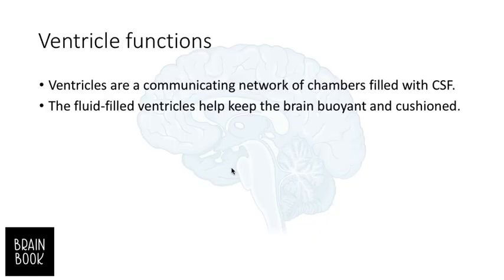Also, the ventricle functions are different. The first one is producing cerebrospinal fluid, and when the CSF is produced, it results in a communicating network of chambers filled with this fluid, and also these fluid-filled ventricles help our brain to be buoyant and cushioned.